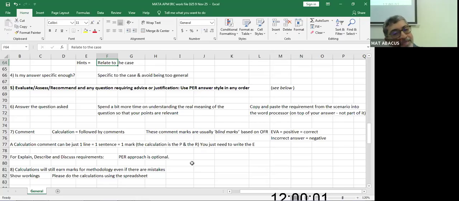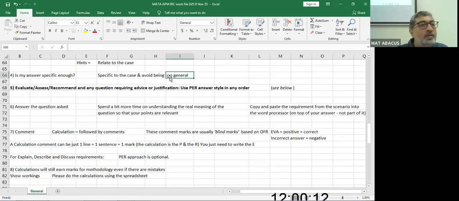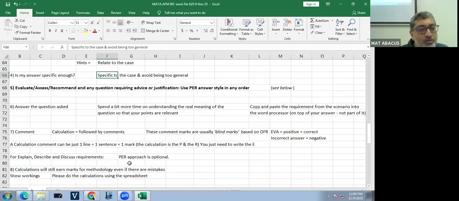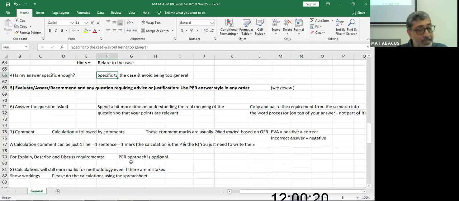So not the full PER, but maybe sometimes you need to relate. Maybe sometimes you need to do a little bit of an explanation together with the discussion, just to avoid being too general and to make the answer more specific to the case. Otherwise, there is no requirement for you, from me, to use a PER approach.